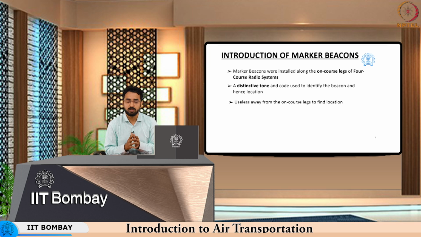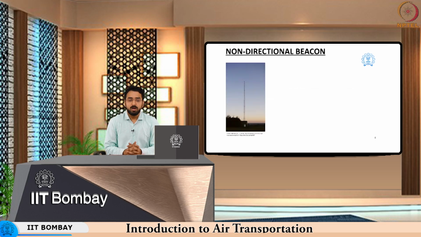Even a slight deviation from the course leg and such marker beacons would be unhelpful for carrying out any sort of approach navigation. As I mentioned, because of the high amenability to distortions, they were limited to very short range, and their accuracy was severely hampered.